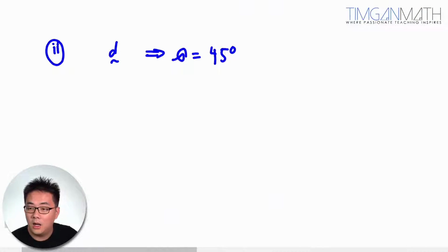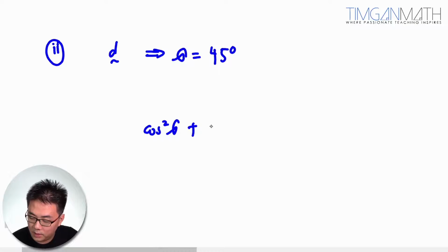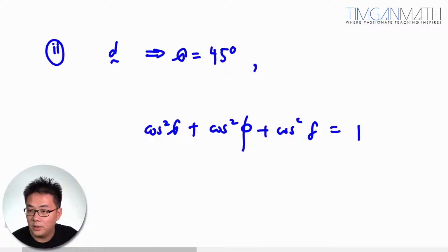Okay, great. So I'm going to use the formula. The formula essentially tells me that cosine square theta plus cosine square phi plus cosine square sigma will be 1. I know that my phi is actually 60 degrees.